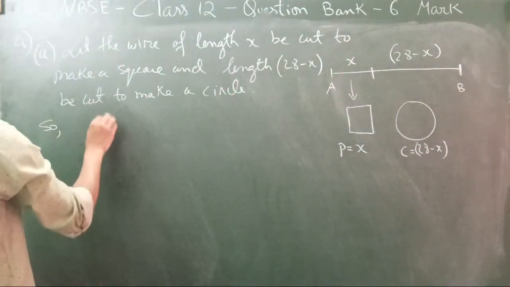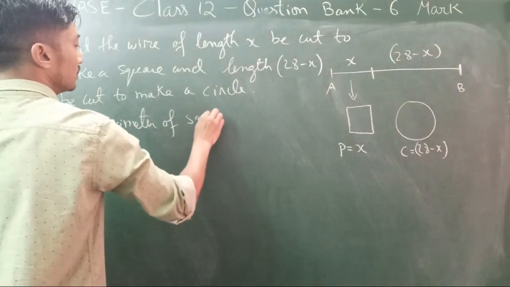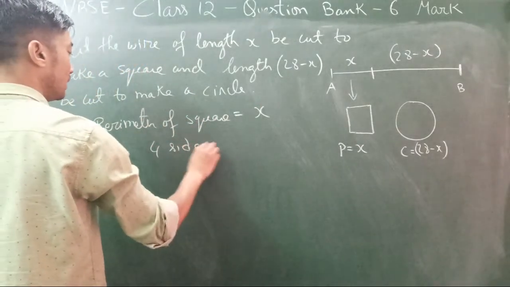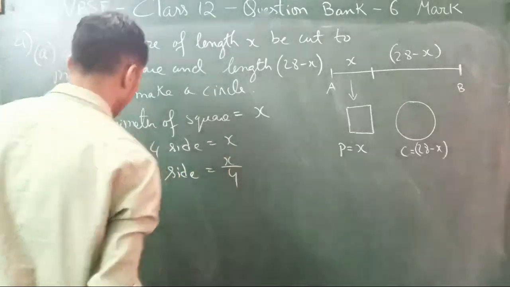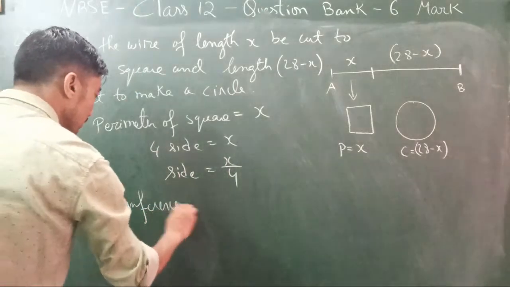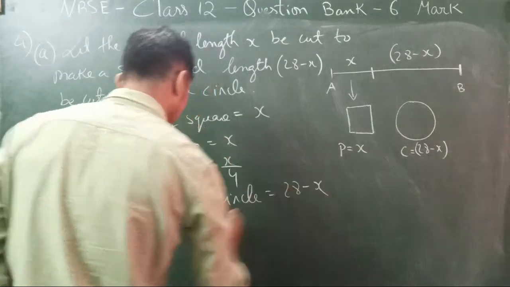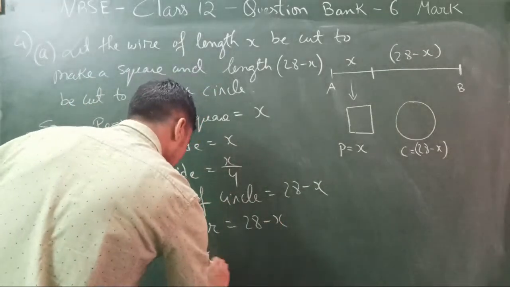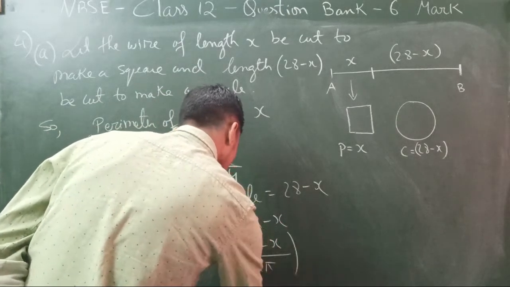So perimeter of square is x, that is 4 into side is x, that means side of the square is x by 4, and circumference of circle is 28 minus x, that is 2 pi r is equal to 28 minus x. That is the radius of the circle will be 28 minus x by 2 pi.